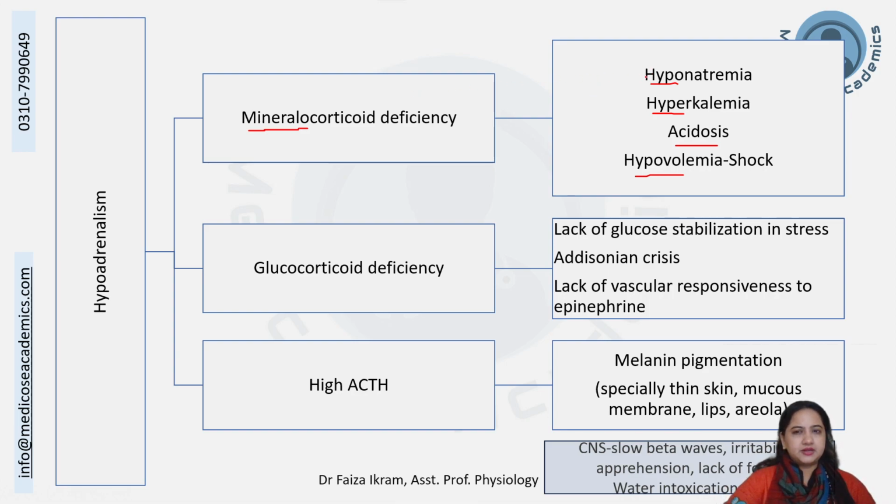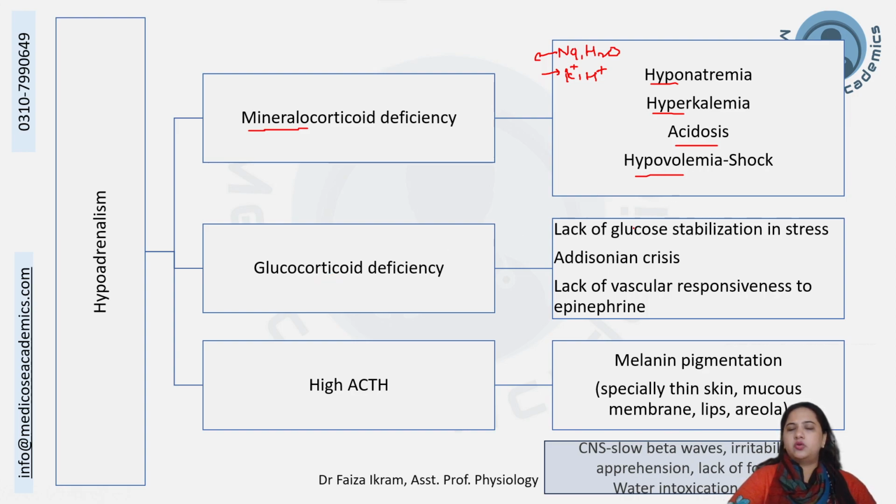I hope it's understandable. Aldosterone's function was to conserve sodium and water and secrete potassium and hydrogen ions. If aldosterone is not there, everything will go in the reverse direction.